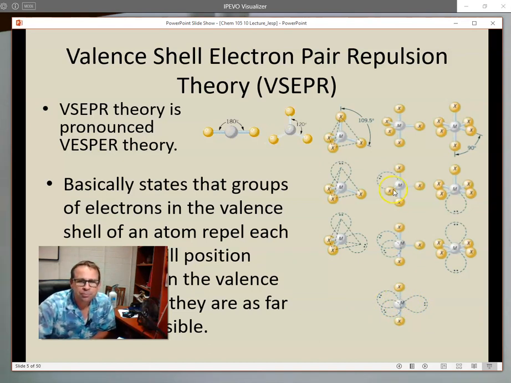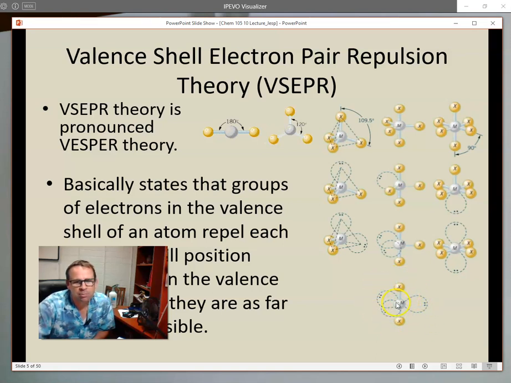So, Nikki, looking at this bottom one here, the shape of the regions of electron density is still trigonal bipyramidal. But what do you think the shape of the resulting molecule is? We have to pass on that one. All right.